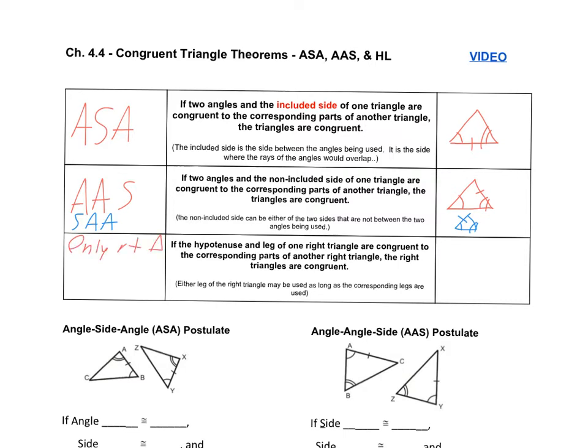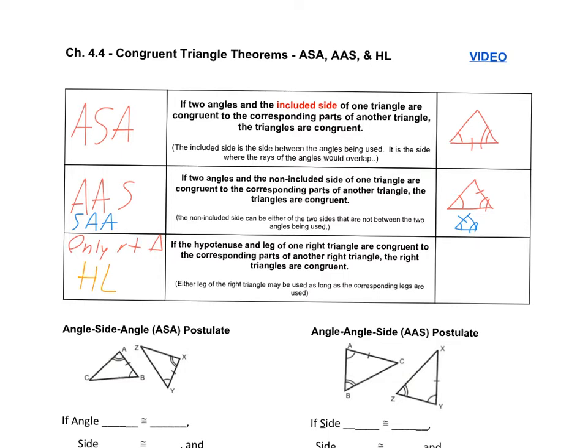If the hypotenuse and the leg of one right triangle are congruent to the corresponding parts of another right triangle, the right triangles are congruent. We call this one the hypotenuse leg theorem.